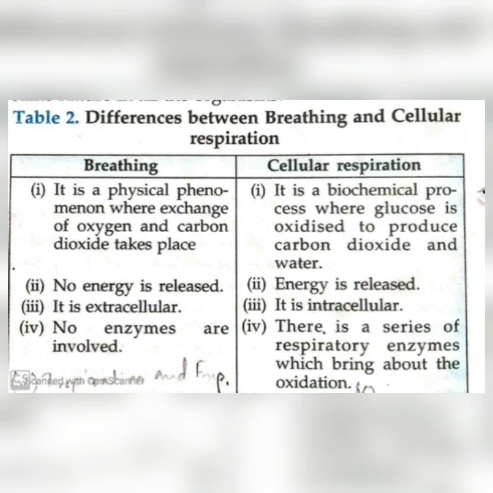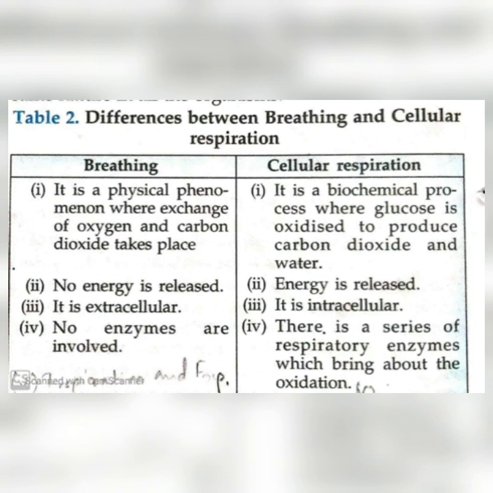As no energy is released, no enzymes are involved in breathing, whereas in cellular respiration, a series of respiratory enzymes are involved which bring about the oxidation. So as enzymes are involved, cellular respiration is a biochemical process, whereas breathing is totally a physical phenomenon.